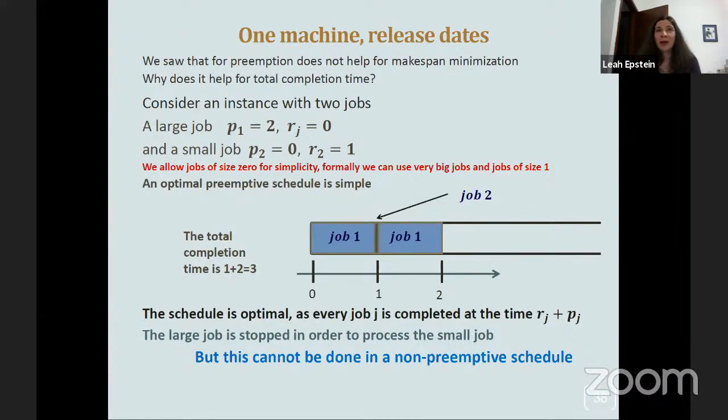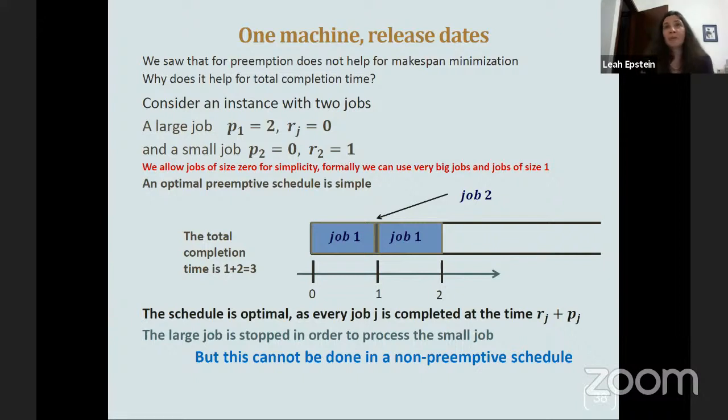And going back to my promise that sizes are integers, well, 0 is an integer, but I promised also that they are positive. It is possible to replace everything by much larger jobs and keep my promise, but it is easier to think about it like that. So it has size 0, and it is released not in the beginning, but at time 1.